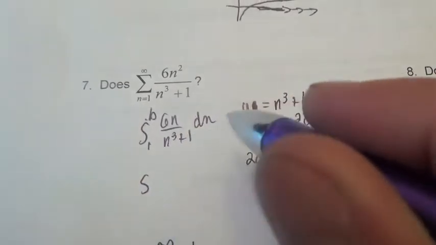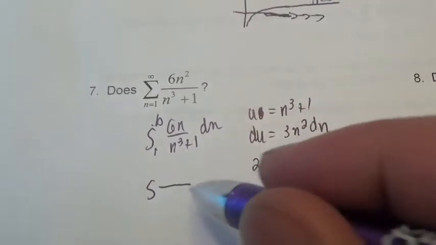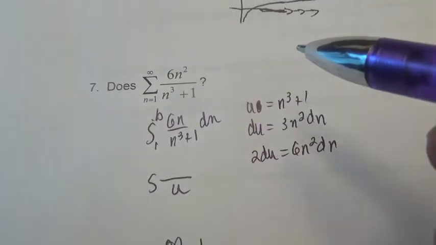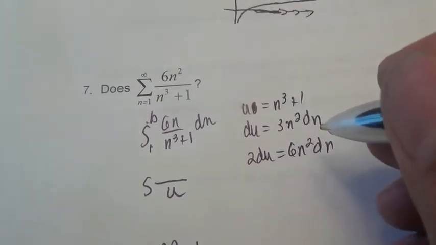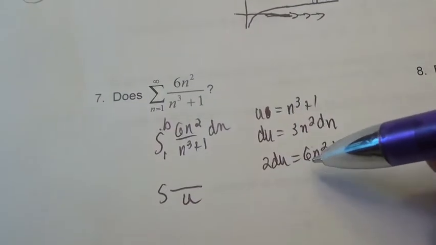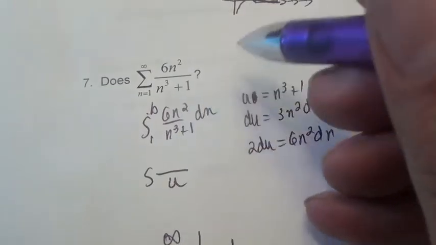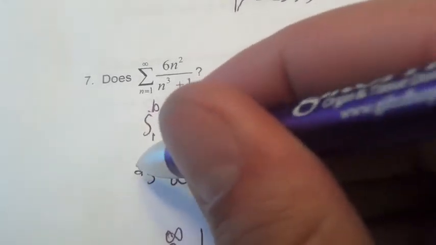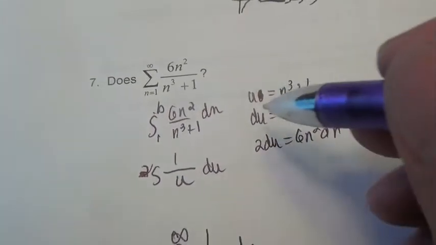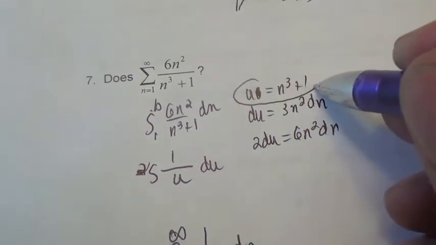Substitutions are all set. Your integral would now have u in your denominator, 6n squared dn. Yeah, there should be a squared here. The 6n squared dn we can replace with a 2 du.